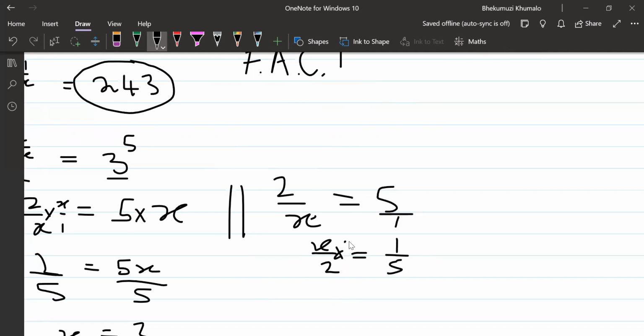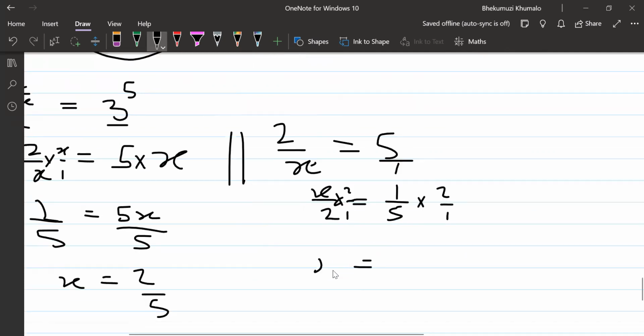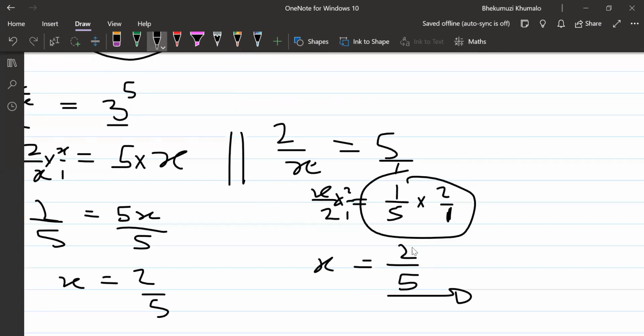Then you multiply by 2 on both sides to get rid of this 2, and you get x equals 2 over 5. This is 2 over 1, this is 1 over 5, and this is 2 over 5.